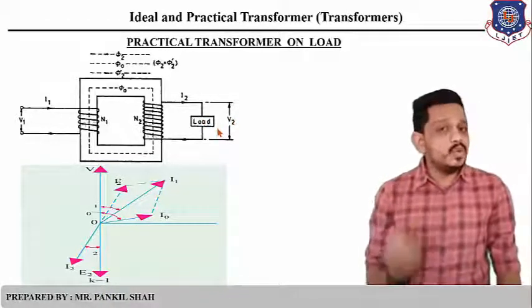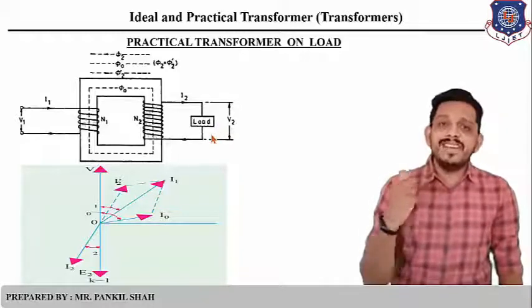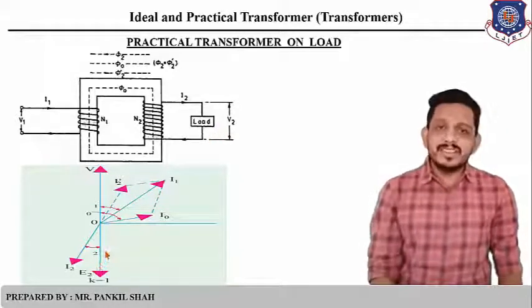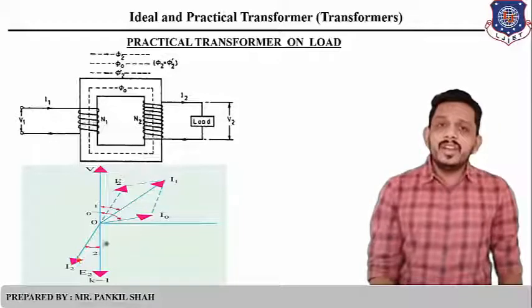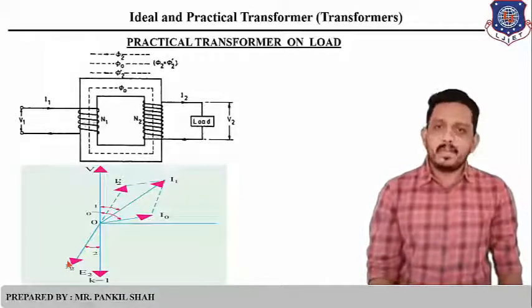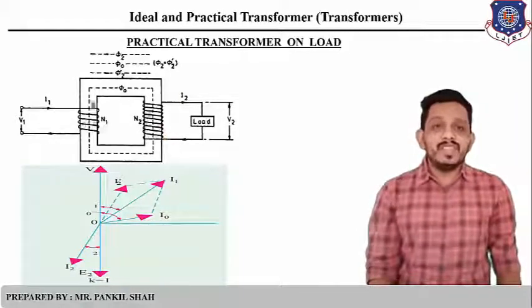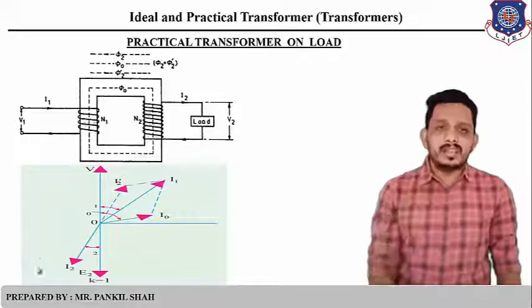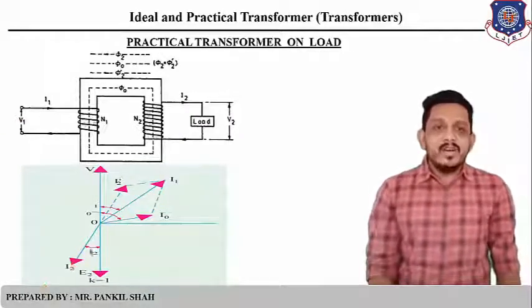If we assume that the nature of the load is inductive, then at phi 2 degrees the current I2 will be drawn here because it is behind E2. And if I2 is drawn here, then the current which flows in the primary side due to this I2 current is I2 dash. So that I2 dash current will be drawn here, 180 degrees apart from I2.